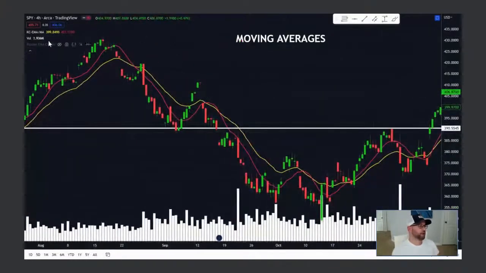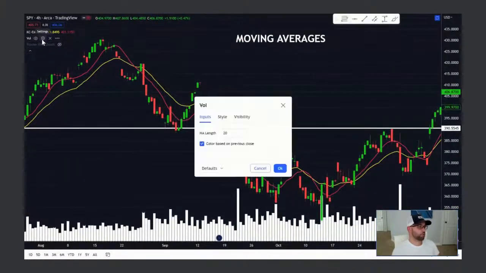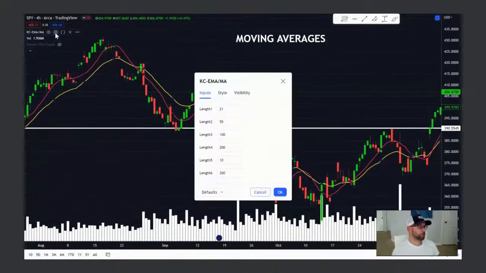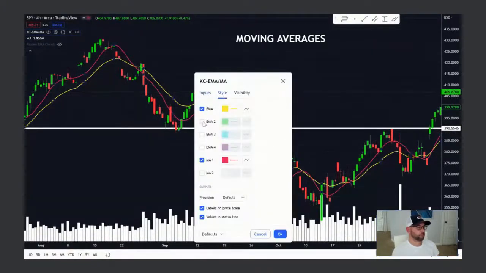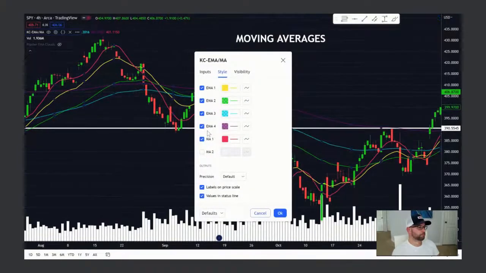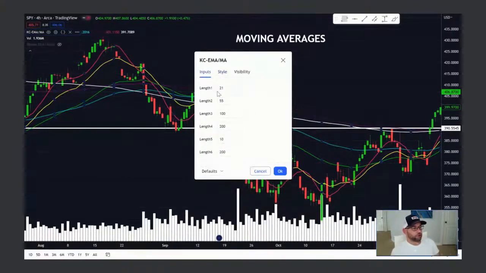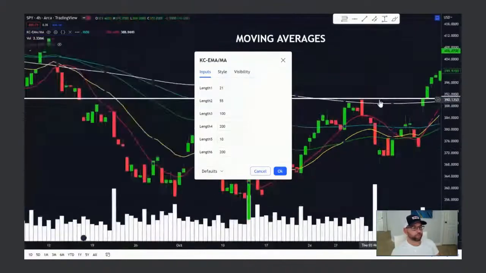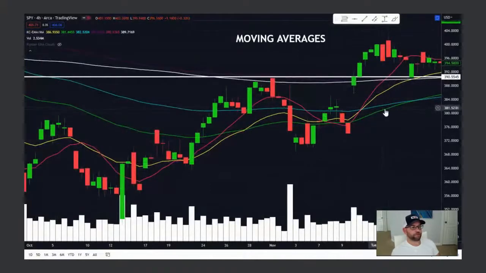And what will happen on these moving average crosses, once you start adding in more like I have, let me show you my moving average setup here. So I like to use the 21, that's my yellow 21, my green 55.